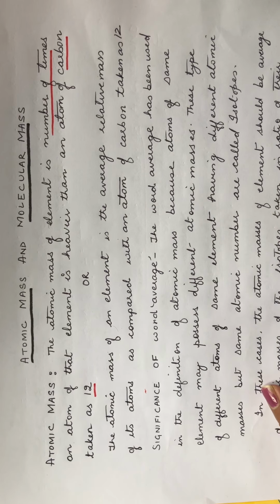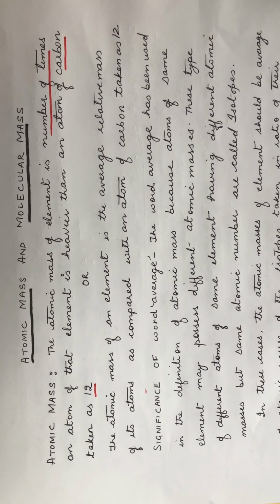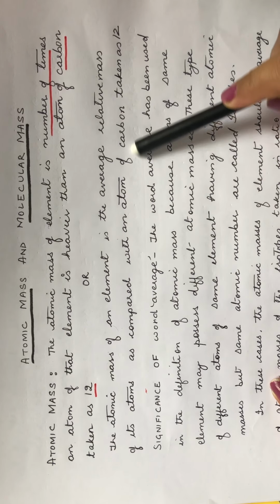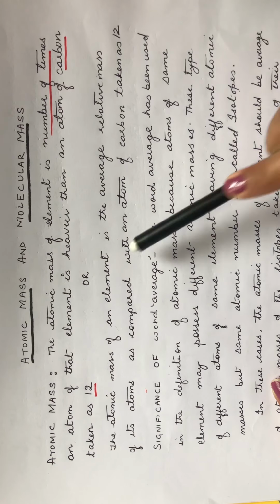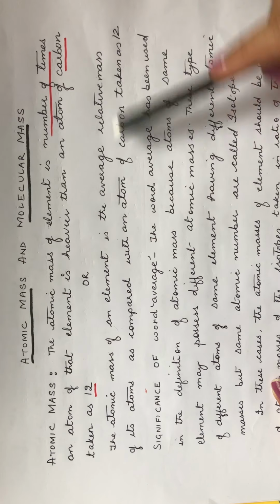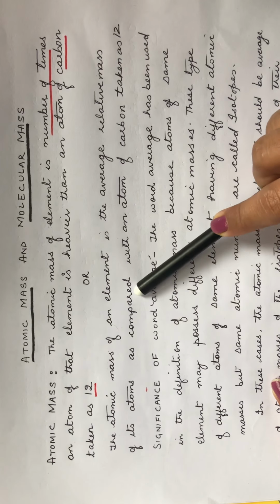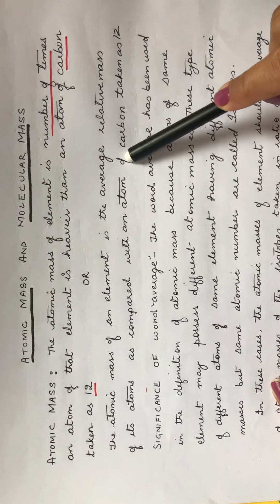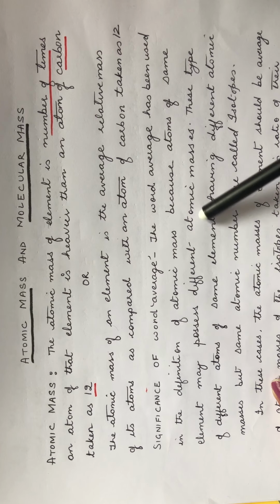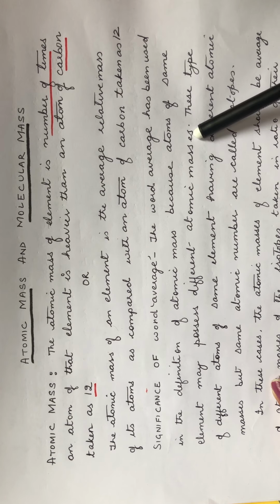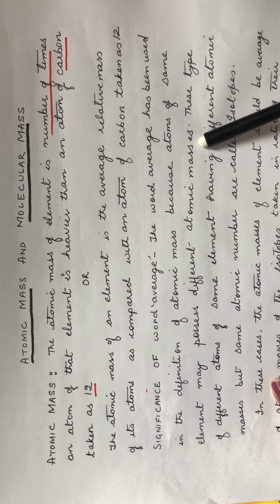Atomic mass of an element is the average relative mass of its atoms as compared with an atom of carbon taken as 12. So the second definition is that it's the average relative mass of its atoms. For example, when there are isotopes, they have the same atomic number but different atomic masses. Then how to determine their atomic mass?